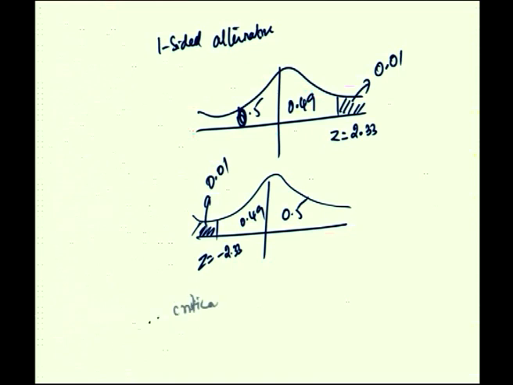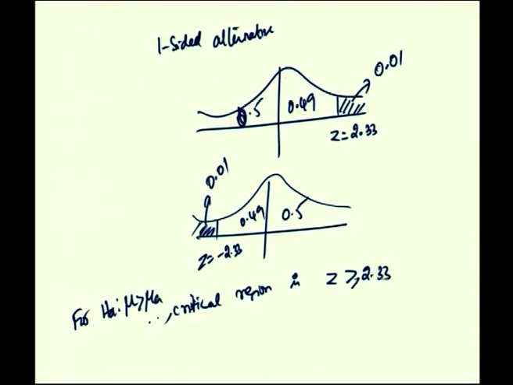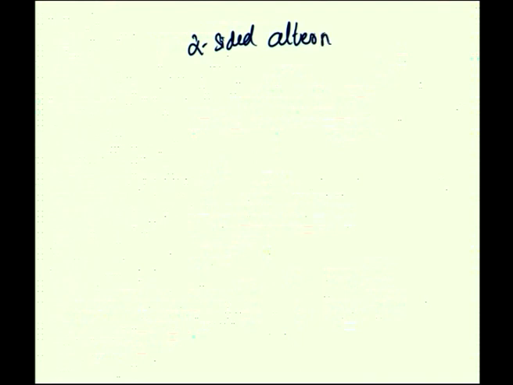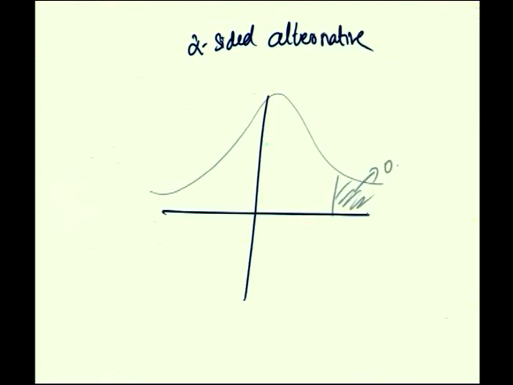Therefore, critical region for HA mu greater than mu naught is Z greater than or equal to 2.33, and for HA mu less than mu naught, critical region is Z less than or equal to minus 2.33.